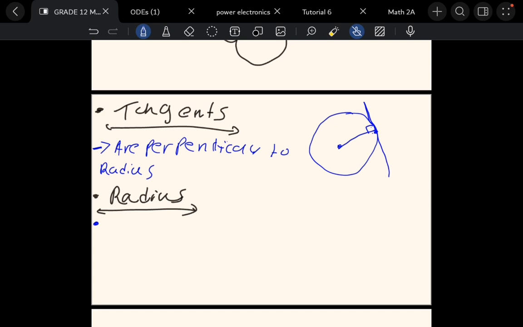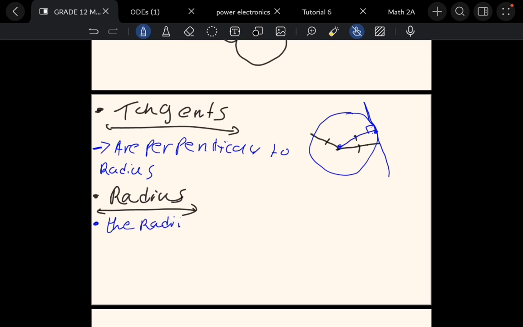Now this concept of a radius is very easy. It means if you are given a circle, the distance from here to here is actually the same as the distance from here to there. It's actually the same as the distance from here to here. All of these distances are the same because they are from the same center. Right?